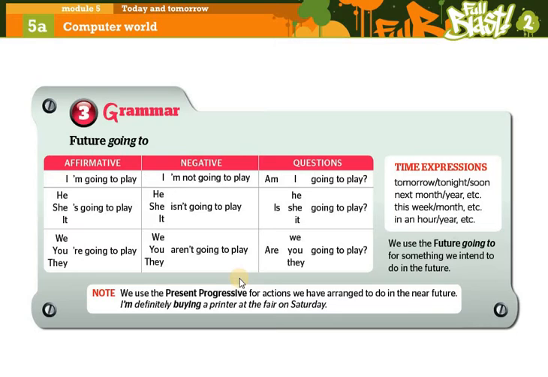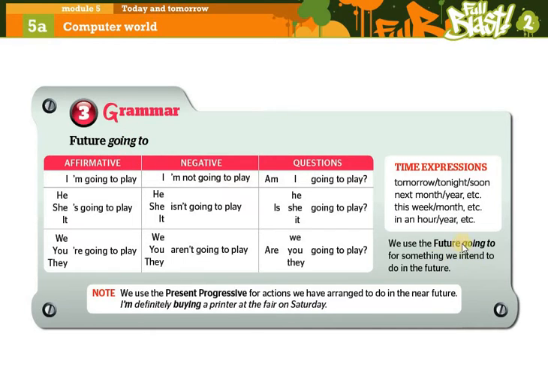Let's have a look at some time expressions, like tomorrow, tonight, soon, next month, next year, this week, this month, in an hour. These are words we use to indicate the use of the future with going to.